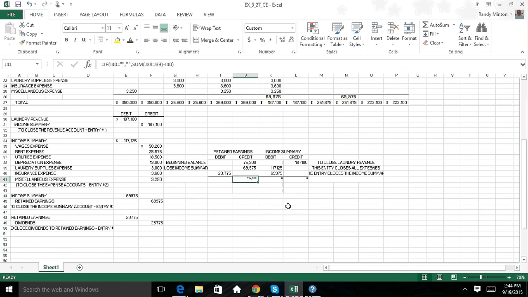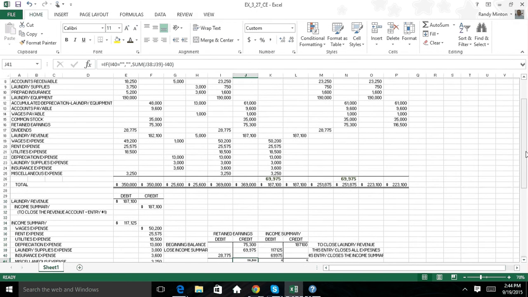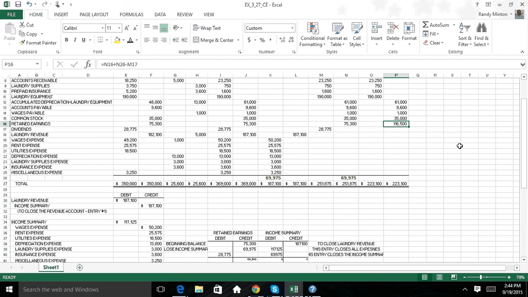Remember I told you at the beginning of the lecture to keep an eye on that $116,500, because that will be the number that will pop over here to the retained earnings side after all adjustments, after all closing entries, and after the elimination of dividends, which is also a closing entry, but I kind of treat it separately because it doesn't go through the income summary.